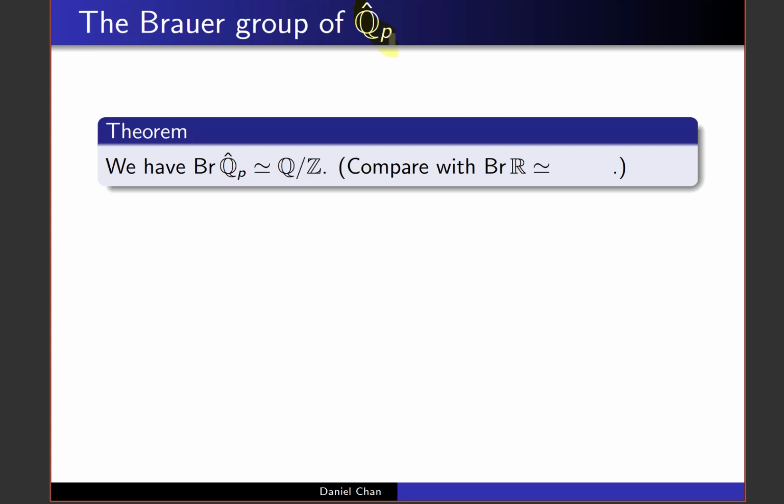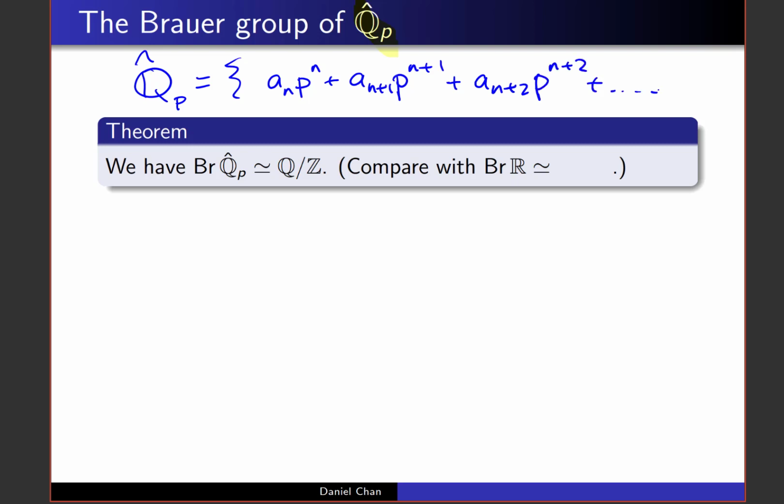And so one way to think about what the elements of the p-adic rationals are, just to remind you, is you can think of this as the set of what? They're just Laurent series in p. So you can look at the set of all, you'll need some coefficients, so maybe a_n p^n + a_{n+1} p^{n+1} + a_{n+2} p^{n+2} + dot dot dot.